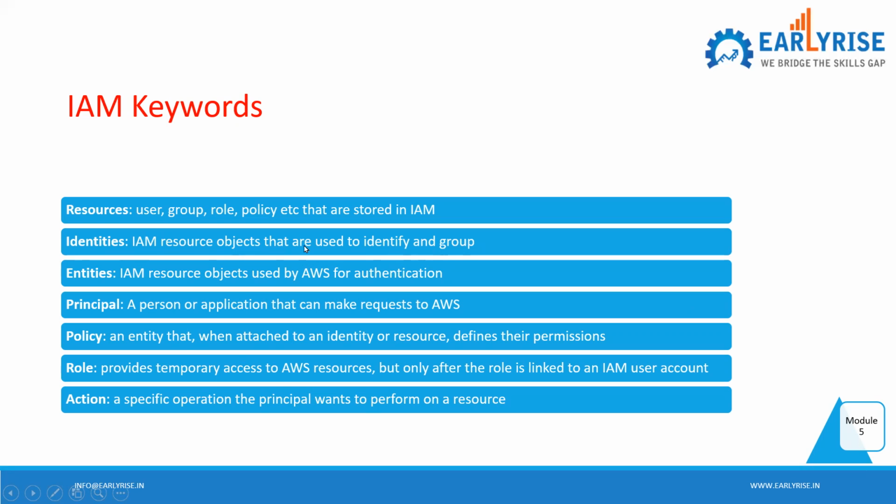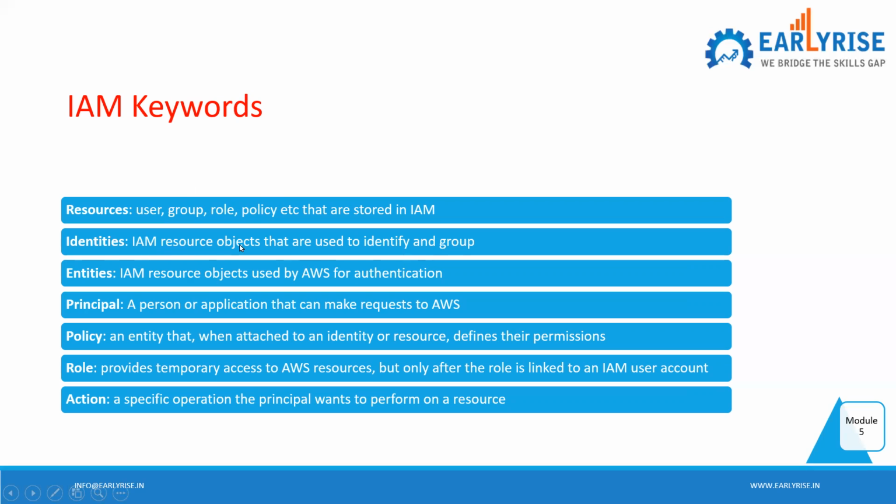So user, group, and roles are there. These three things are there, and this is the permission. Policy means permission. Now you can attach the policy to a user, you can give the permission to a group, you can give the permission to a role. So attaching a policy to a user, group, or role, that will be to the identity.